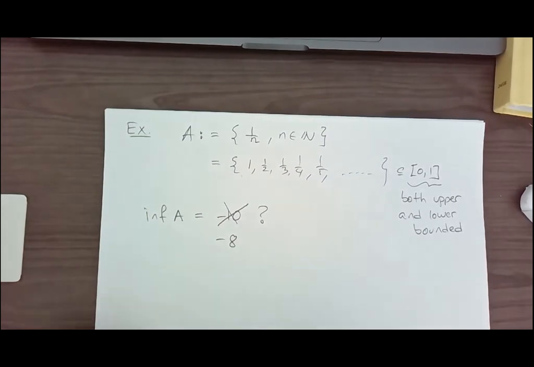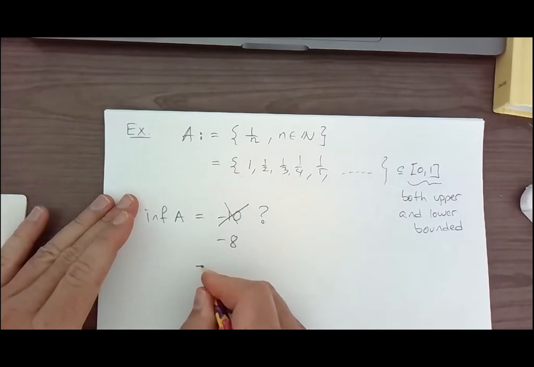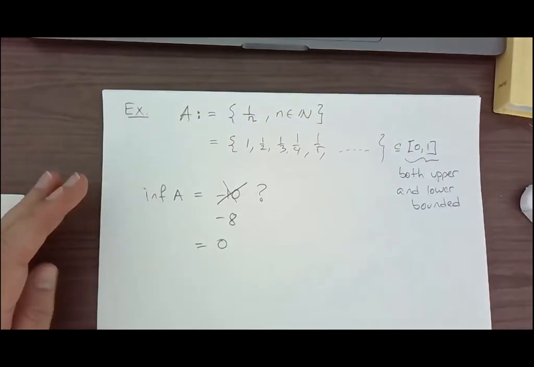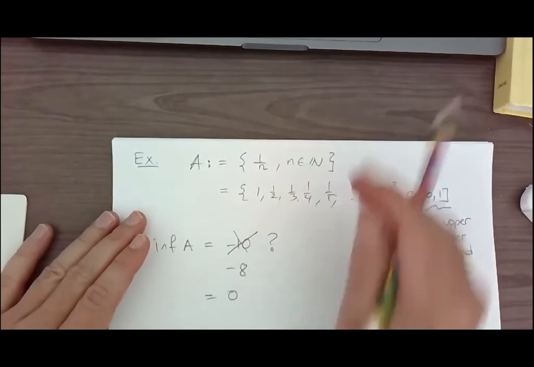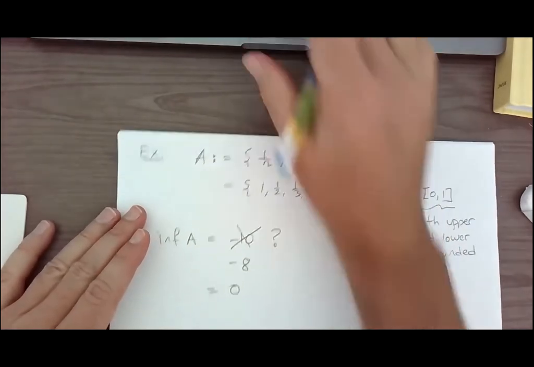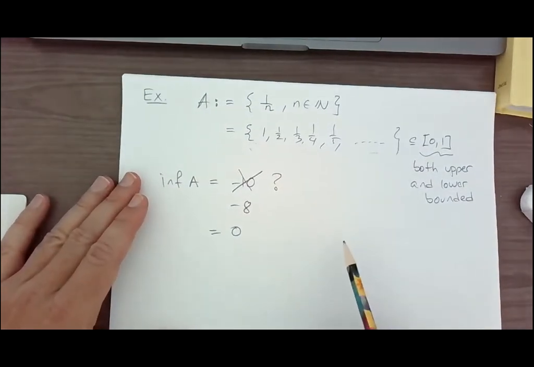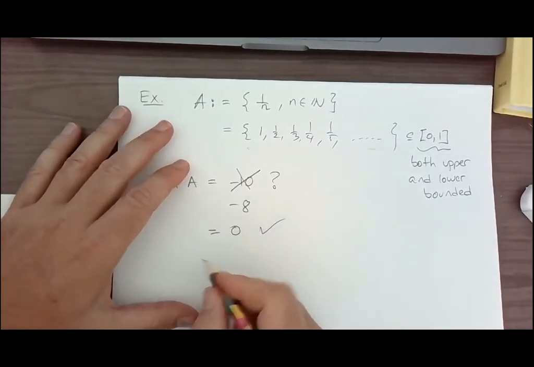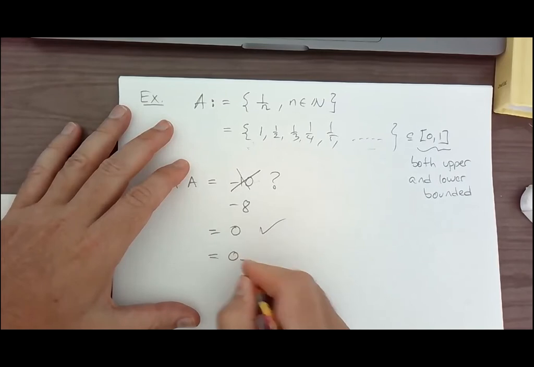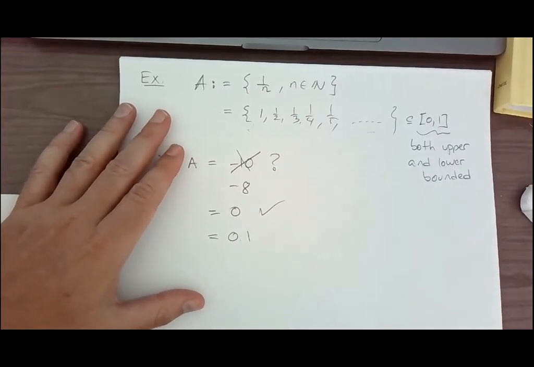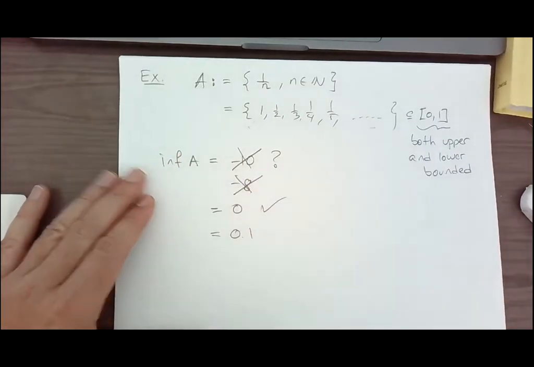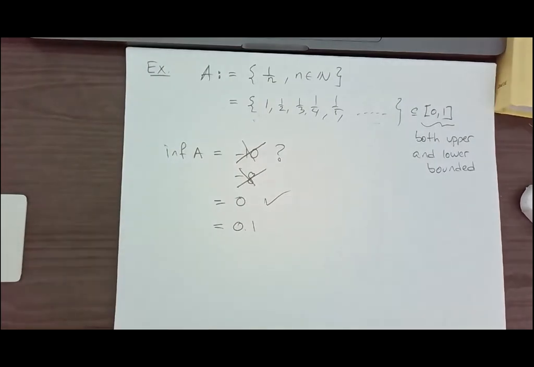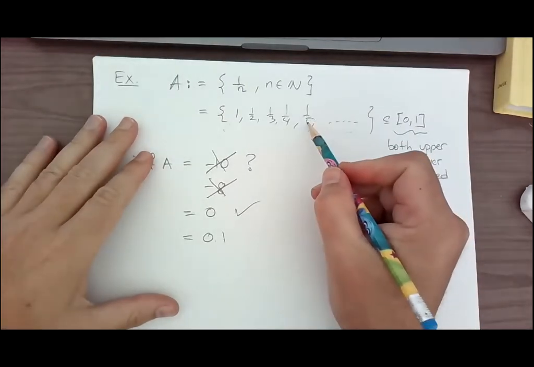Can we do 0? So 0 is good. 0 is less than all of these. So this one here I like. Could we make it a little bit bigger? What about 0.1? Would that work? Well, not quite, right? Because how small do these numbers get?